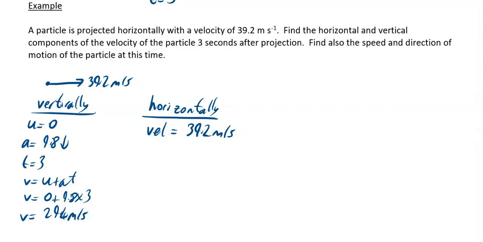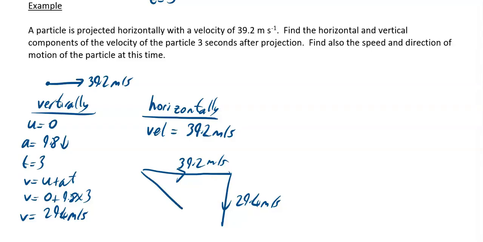So what we can now do is do a diagram. So our diagram is going to be like this. So you've got the 39.2 going horizontally. That was our meters per second. You've got the 29.4 going vertically. And then what you want to find, I'm going to say this is my V is going this way, and we'll also have to find the angle.